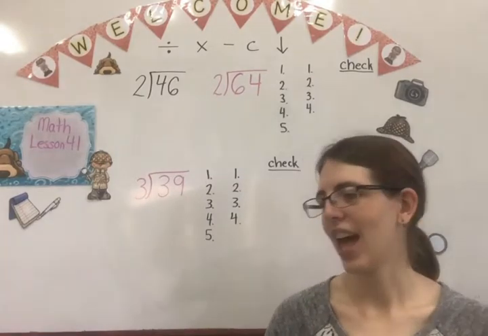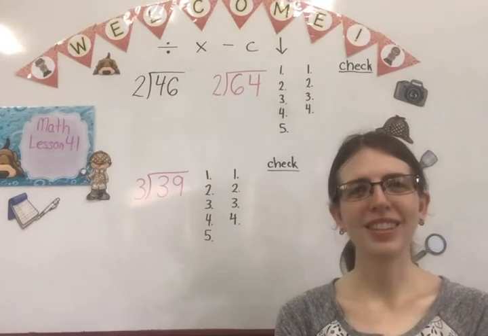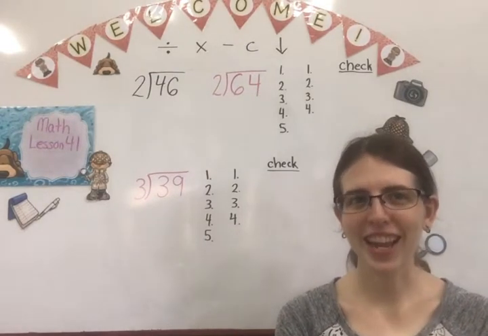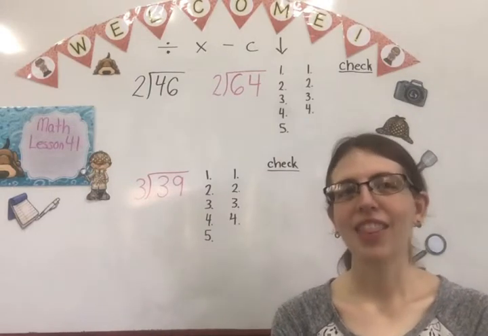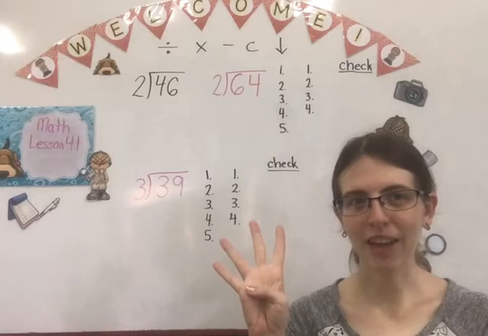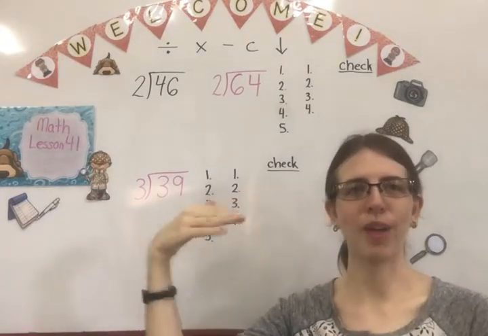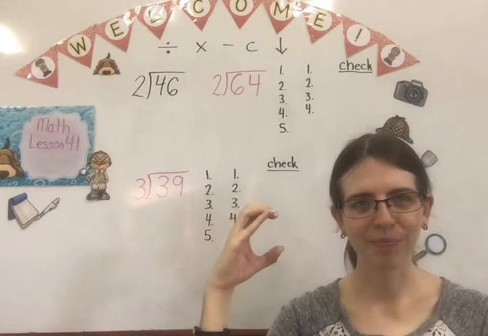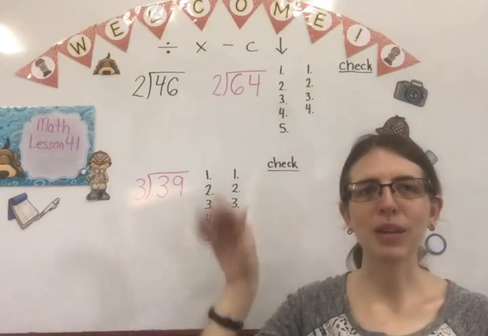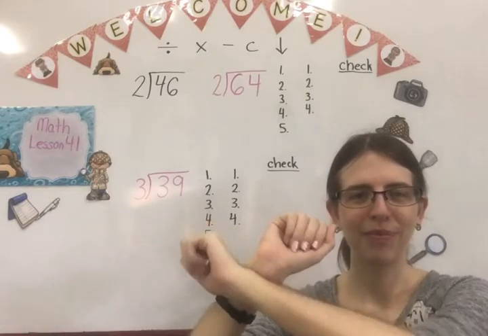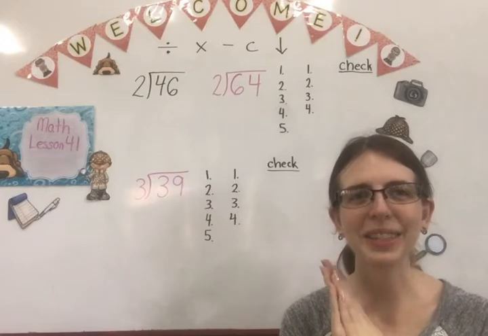Okay, let's get started with our lesson today. We have learned some steps for division. Now that we are talking more and more about division, the 4 steps that we have learned are divide, multiply, subtract, compare. So first we divide our number, then we multiply that number, then we subtract, then we compare to make sure our answer is smaller.